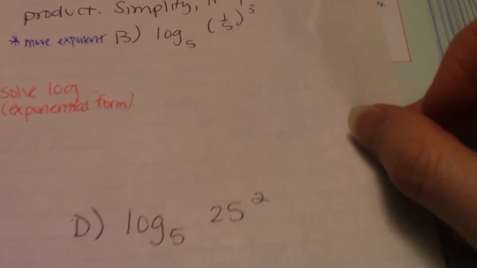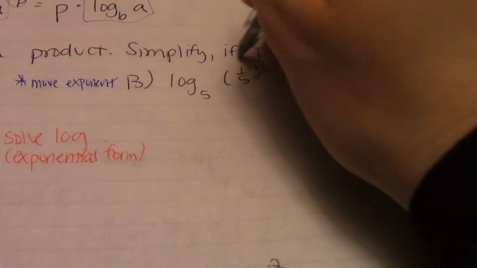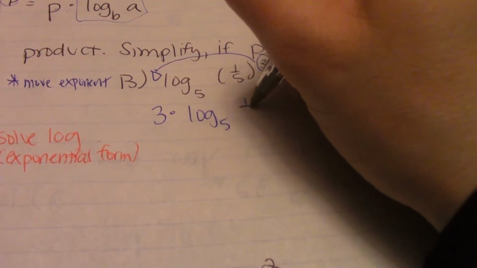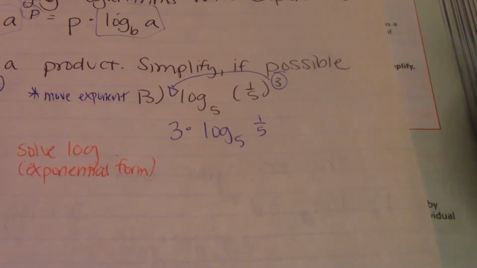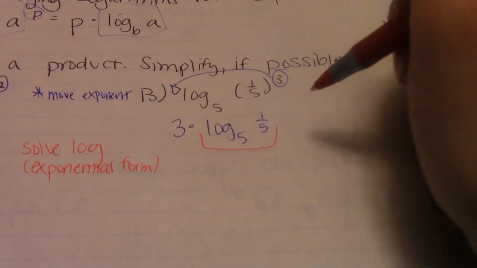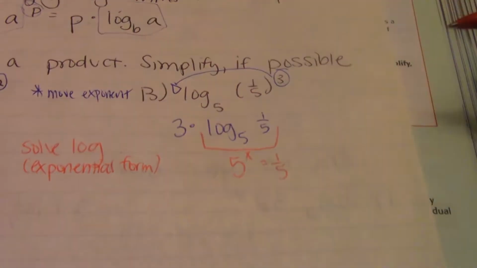Let's try another one. We've got our exponent. It needs to move first. 3 times the log base 5 of 1/5. We need to solve this. 5 to the x equals 1/5.